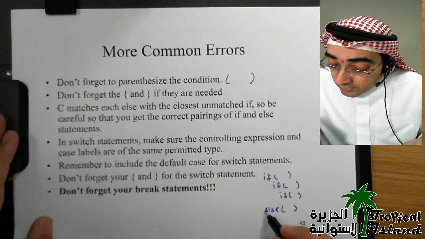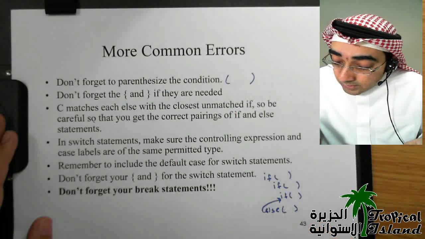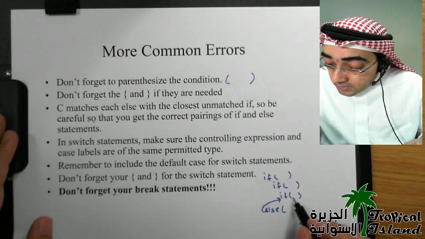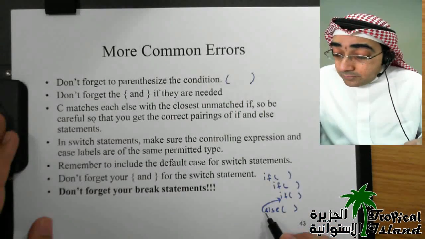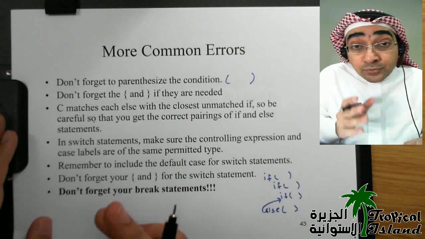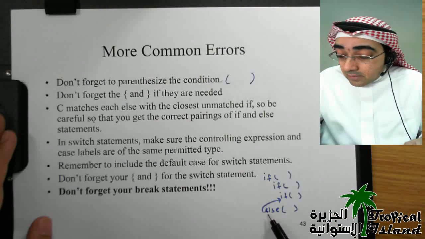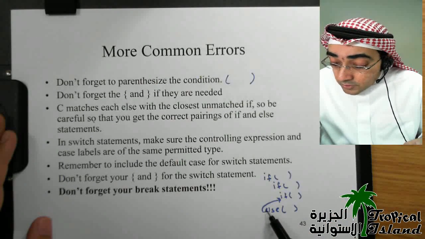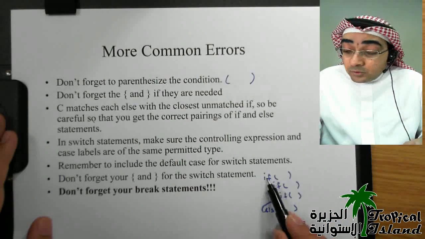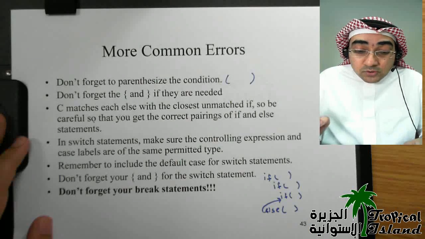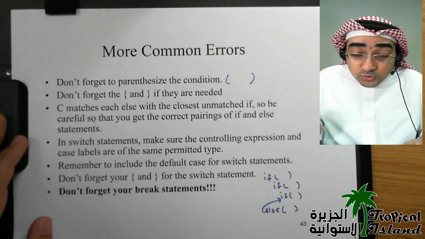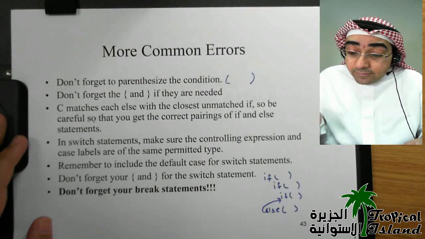The compiler is going to take the else and put it with the nearest if. So this else is for this if, not for this if. Although I indented it this way to fool you, the compiler is not going to be fooled. It's going to take all the indentation out. It doesn't matter for the compiler. So it associates this else with this if, not with this if, the nearest if it has.